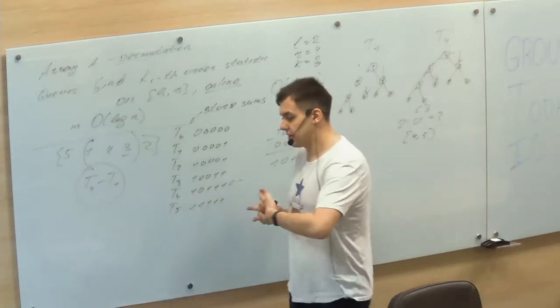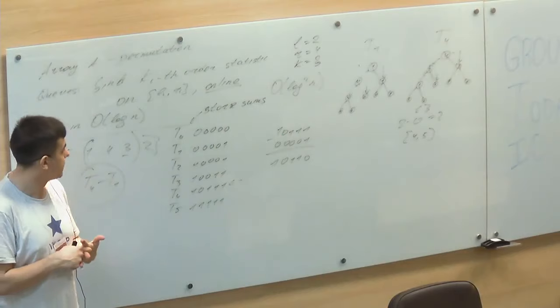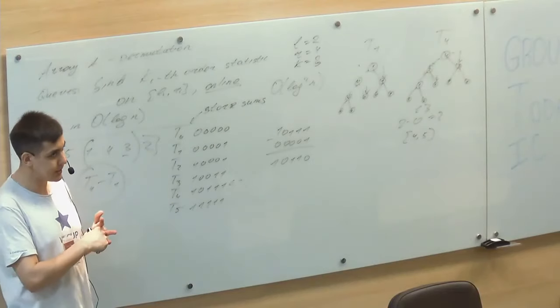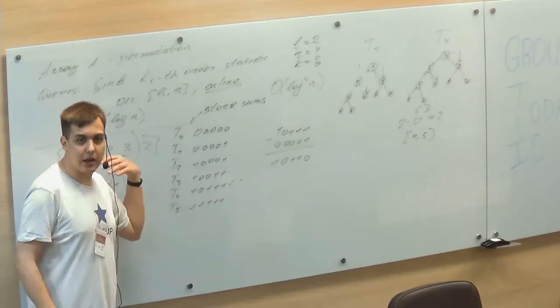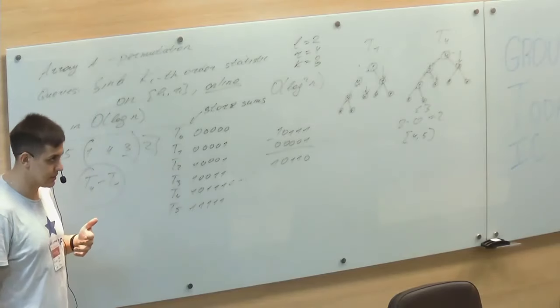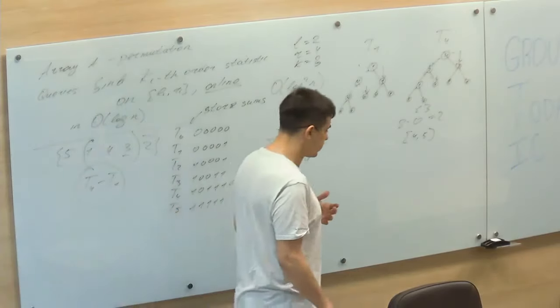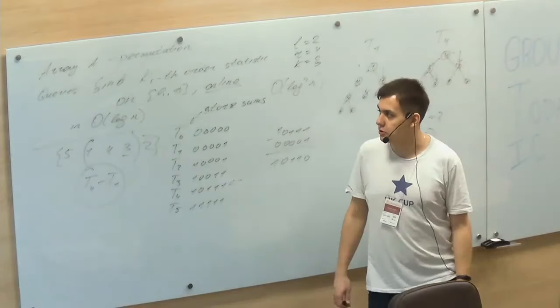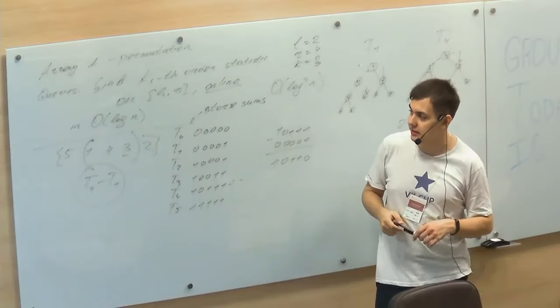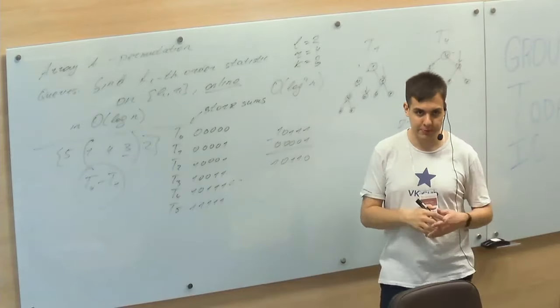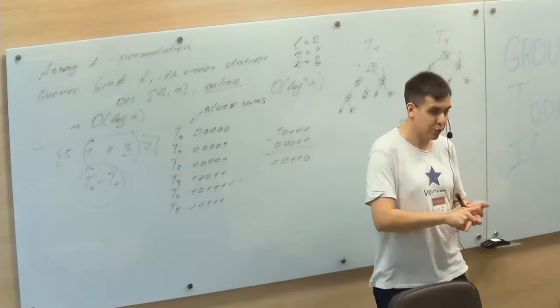So I think this is a really cool application of persistent segment trees. There is a solution with segment trees that also allows you to modify values, but then the solution will work in log cube n or square root of n, depending on what you use.